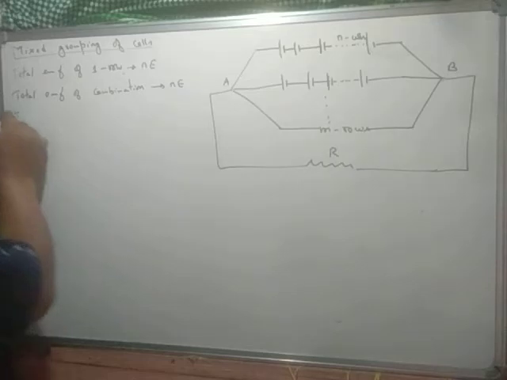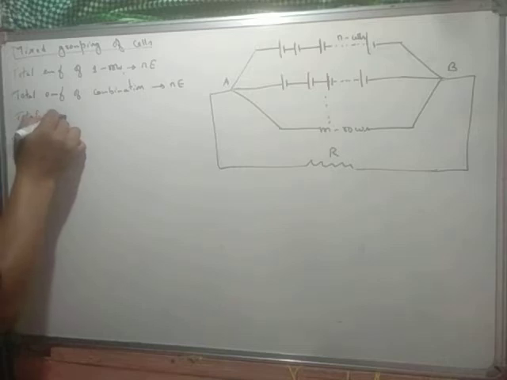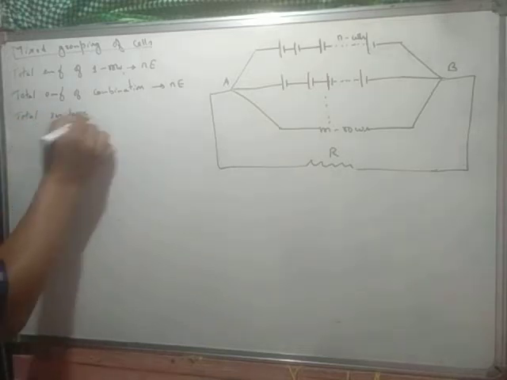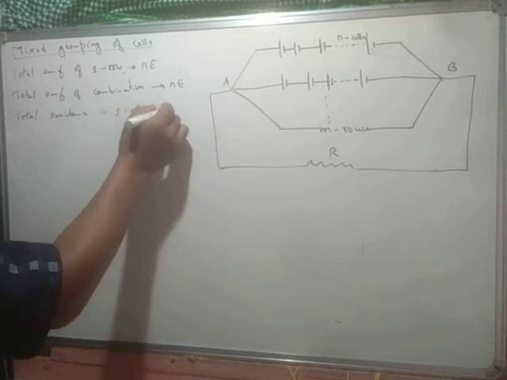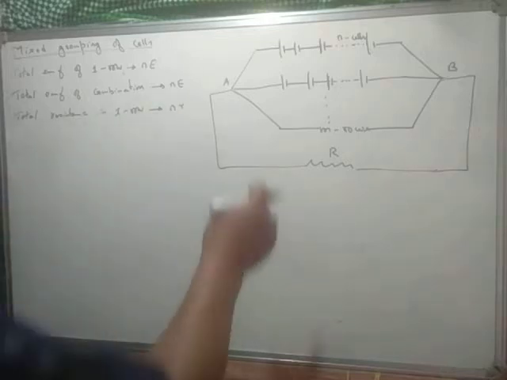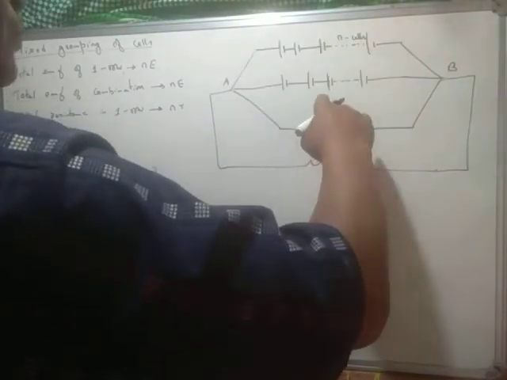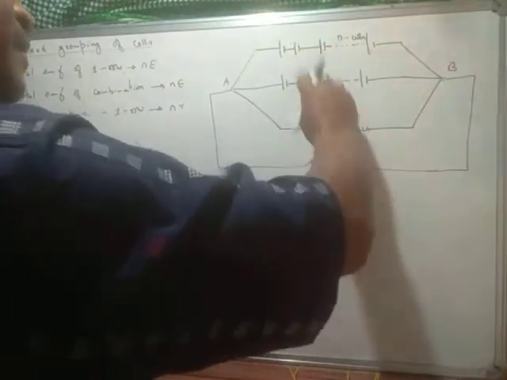Now looking at the internal resistance, the total resistance in the first row will be n times r, where r is the resistance of each cell. Now these nr, the total resistance in each row, are connected in parallel.